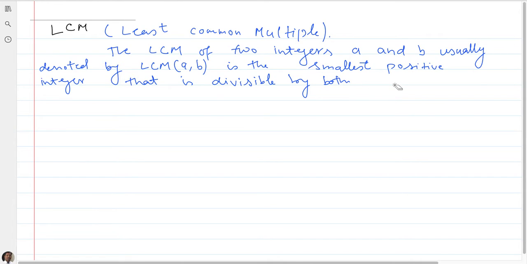I will write it again because I made a little mistake. If we need to find one number which is divisible by both numbers, let's suppose we find some number c which is divisible by both a and b, then c will be the LCM of a and b.